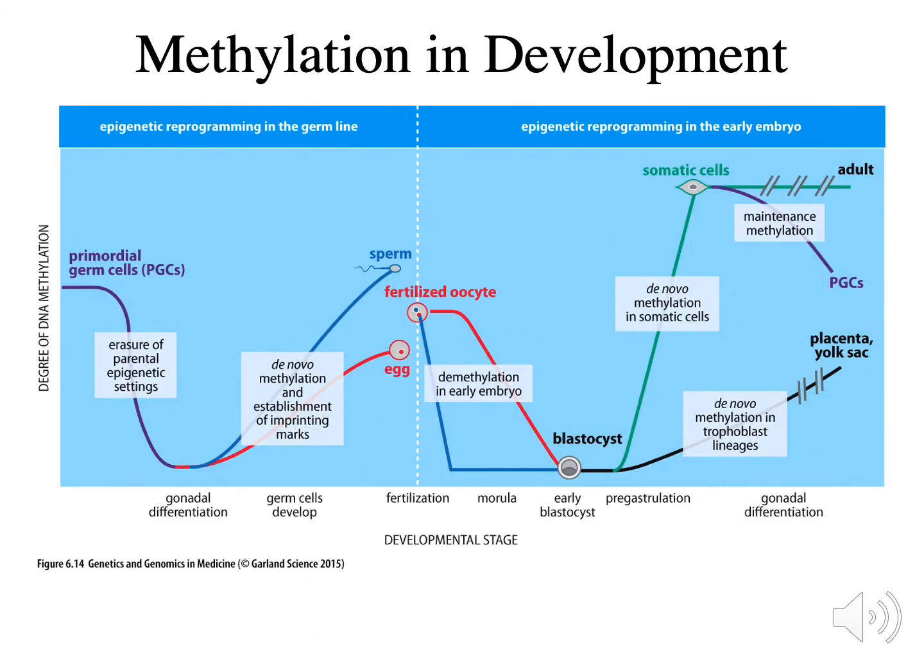Our next slide depicts methylation as it takes place in development. So it's important to think about what happens in early development and during gametogenesis. Major epigenetic reprogramming occurs in the early embryo. Egg cells and notably sperm cells have extensively methylated DNA, but each one has different patterns of methylation.